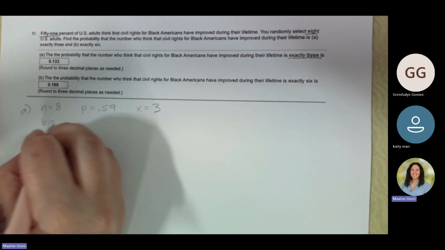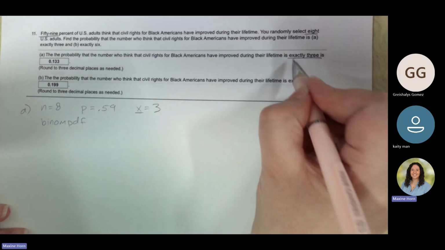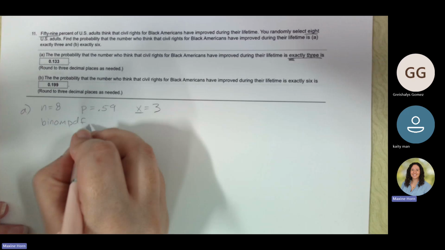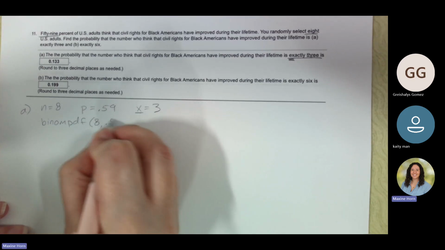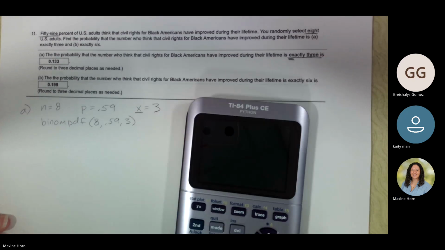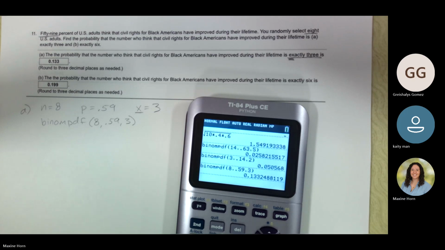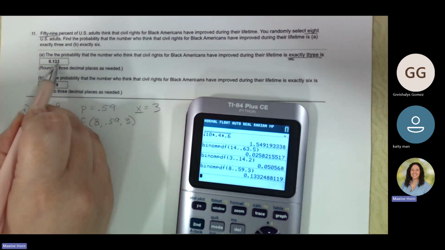So we're going to do binom PDF because it's exactly 3, N, comma, P, comma, X. Second vars, I like to do alpha A just to get there faster. 8.593. And then we round to 3 decimal places here.